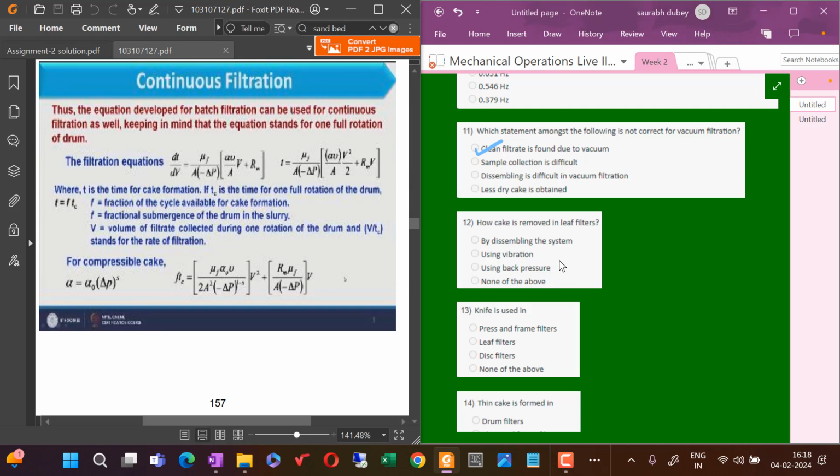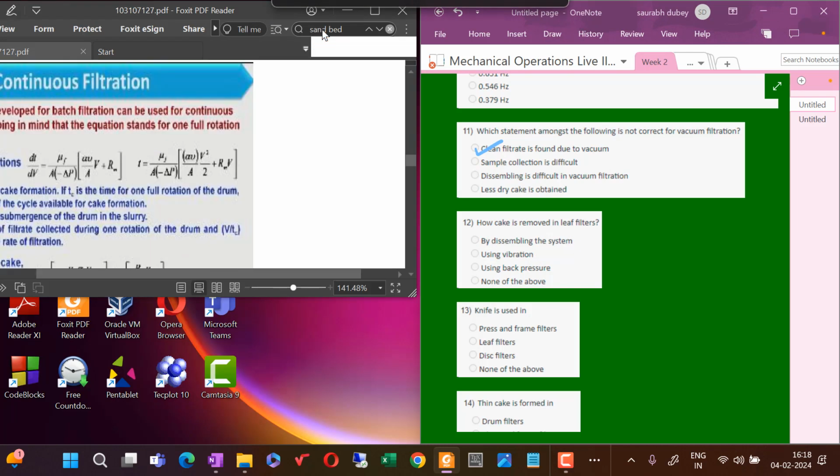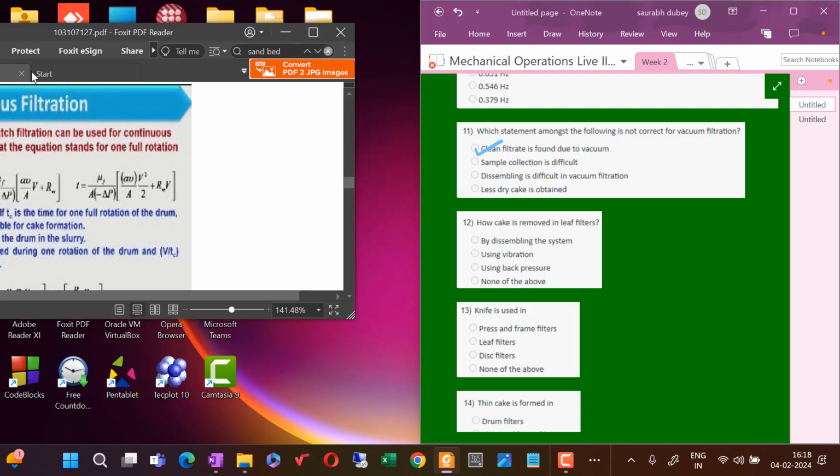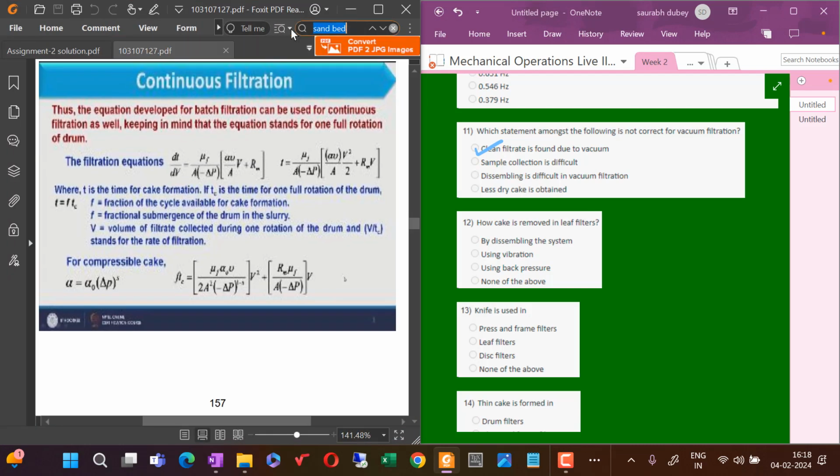Another question is how cake is removed in the leaf filter. This was the last lecture.